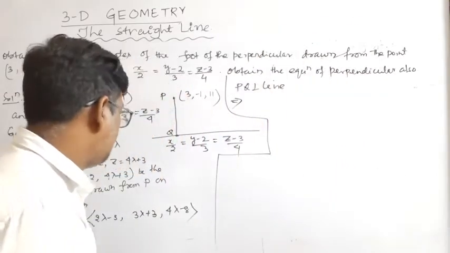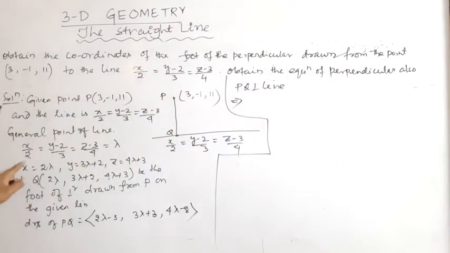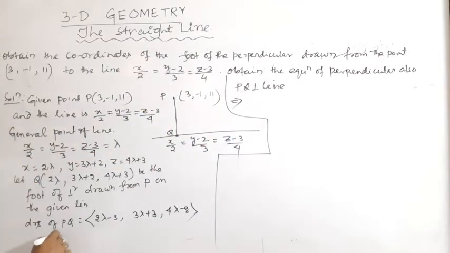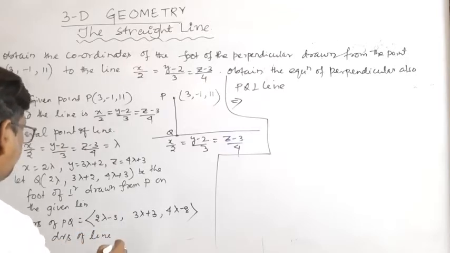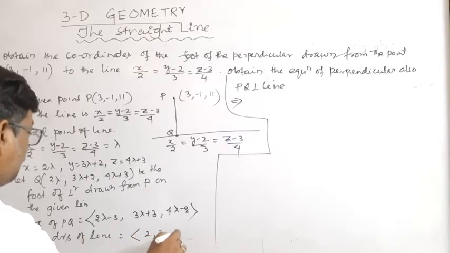So it is a1 a2 plus and so on. The DRs of the line are 2, 3, 4.